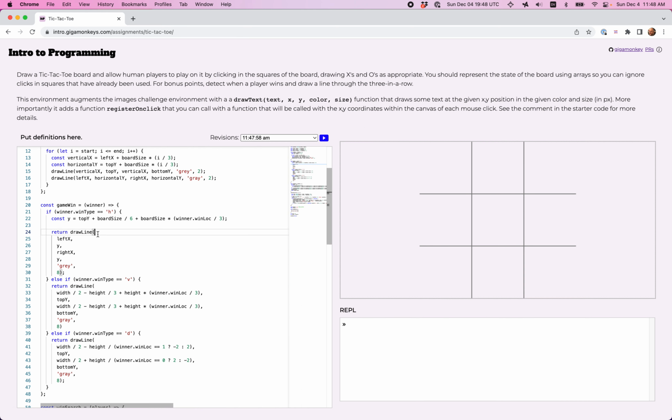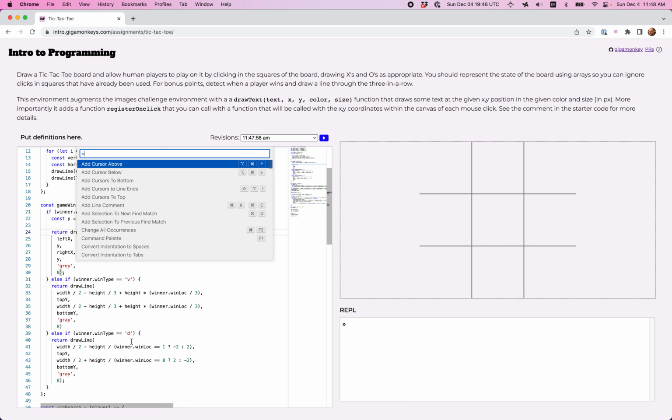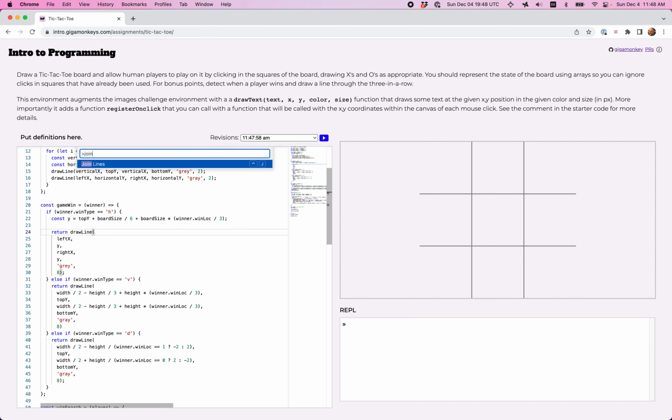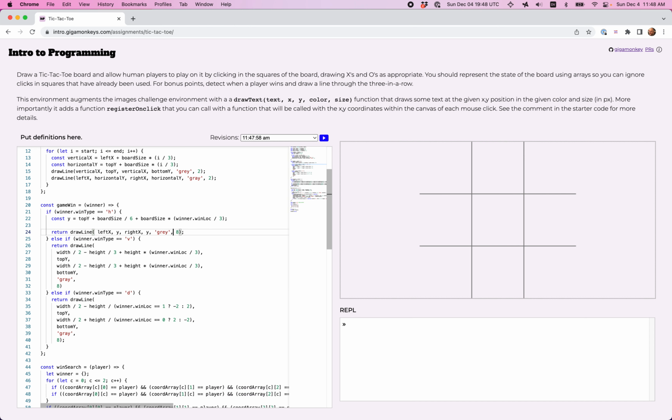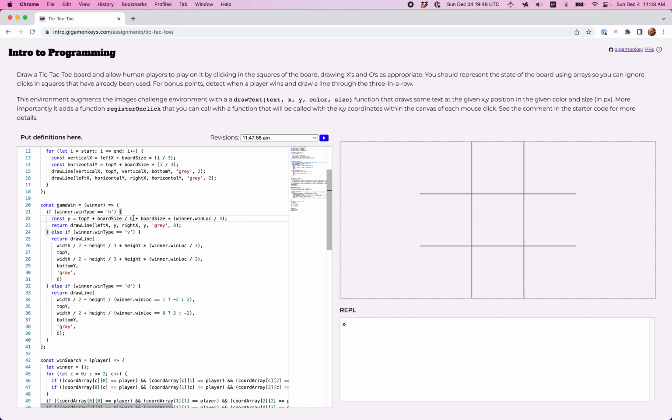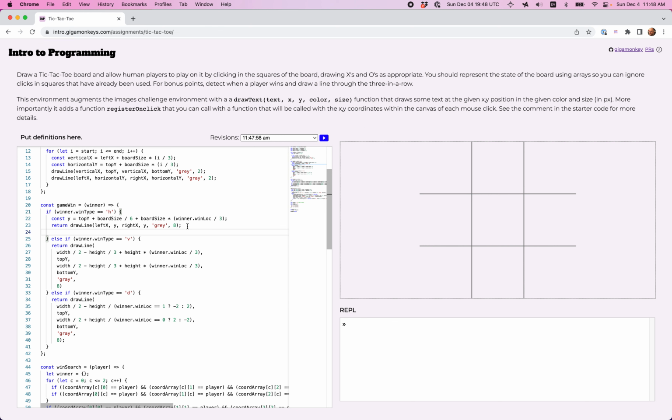And now I can hit, I'm going to command palette, join lines, which is Control J. So now that I've simplified these, I can actually put them back on one line. So if it's a horizontal winner, we compute the y coordinate purely in terms of the board size and the location of the winner.